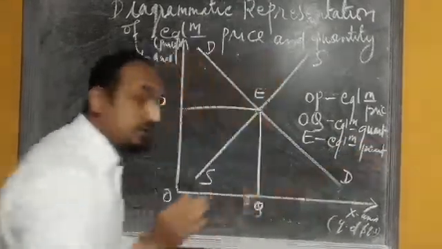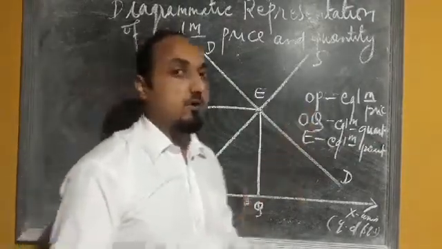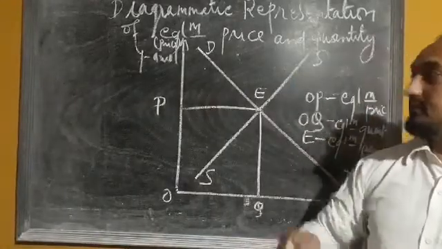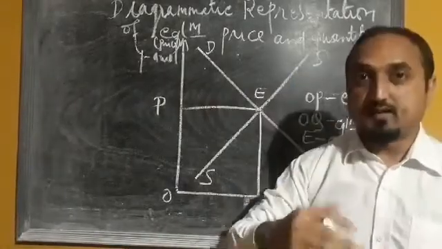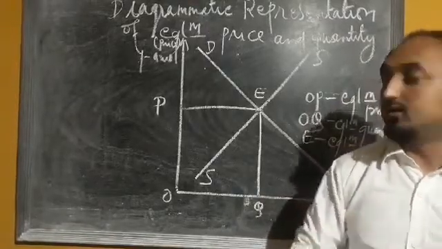So these are the three things which we have to determine, and that we have already done. Now we will consider a situation where we take a little higher price, and at that higher price we'll try to check what will happen to the equilibrium price and equilibrium quantity.